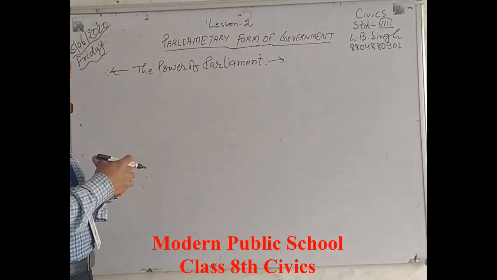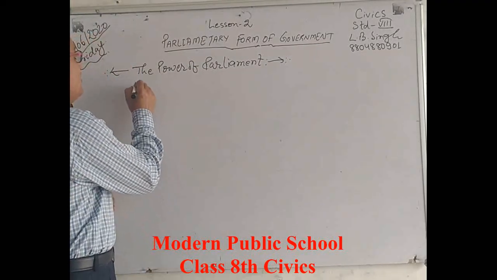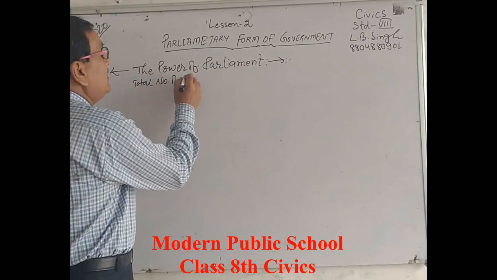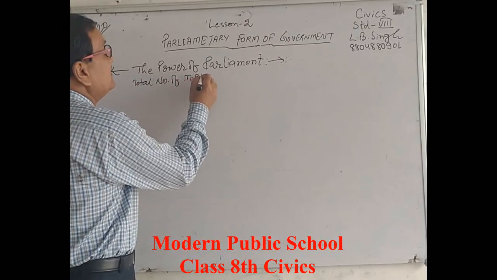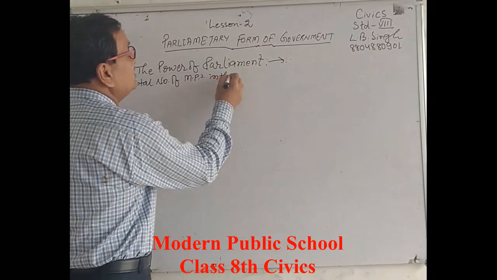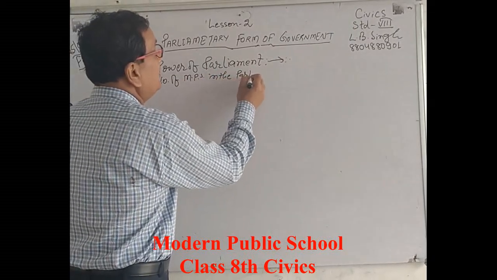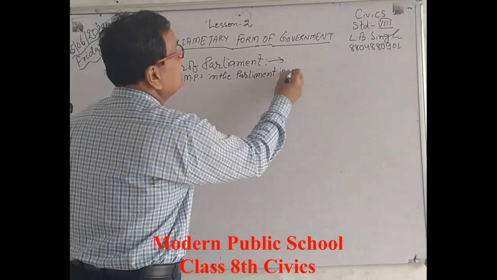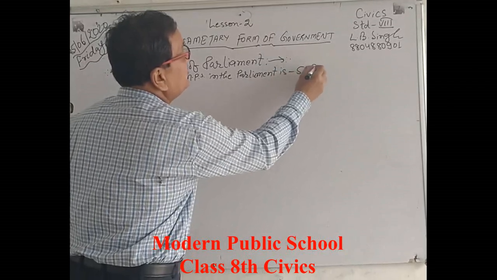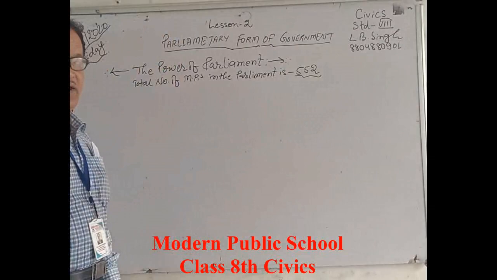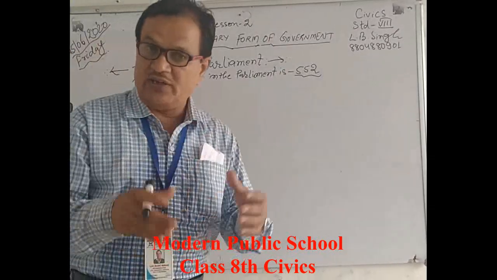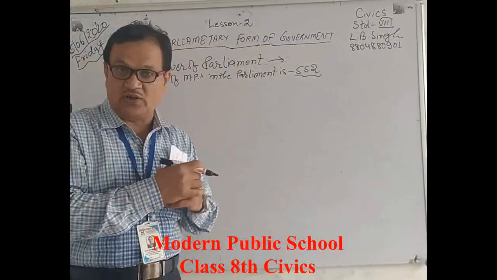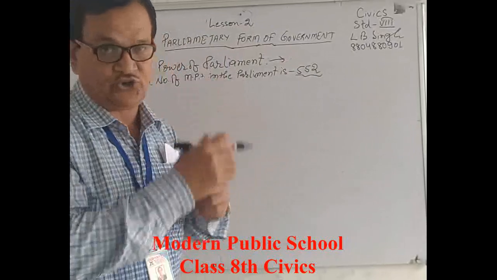You know this thing, that the total number of MPs in the parliament is 552. That is why this house is called the House of People, and this house is called the predominant house.